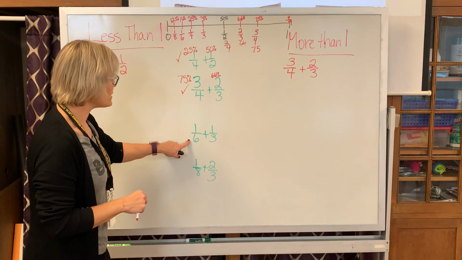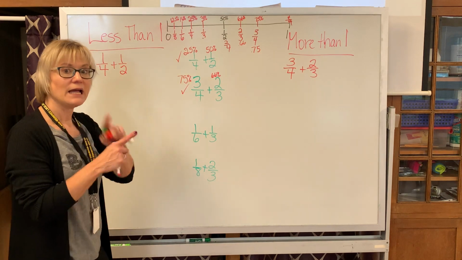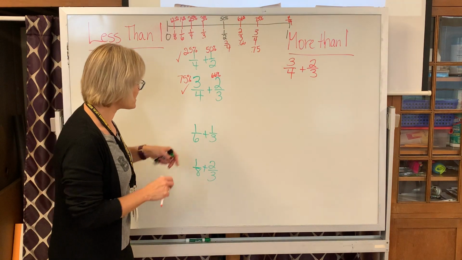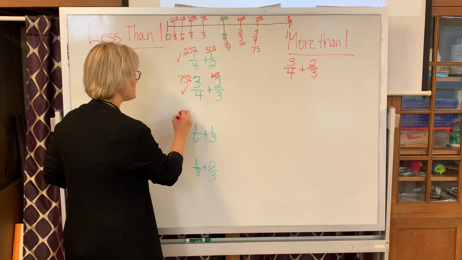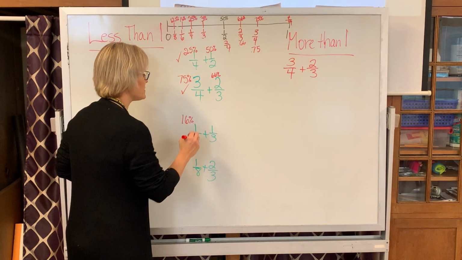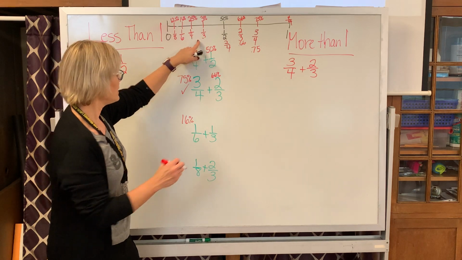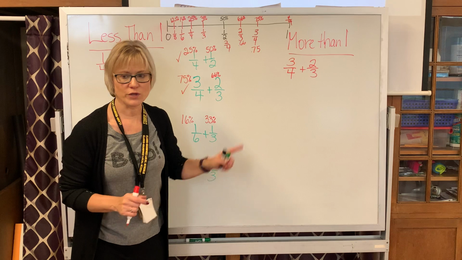All right, 1/6 plus 1/3. All right, again, I'm going to refer back to my number line. 1/6, I know, is 16%. And plus 1/3, I come up here, and that is 33%. And remember, you can check these with me.